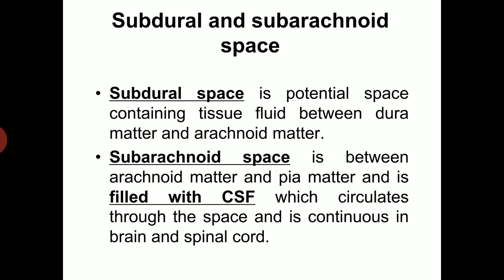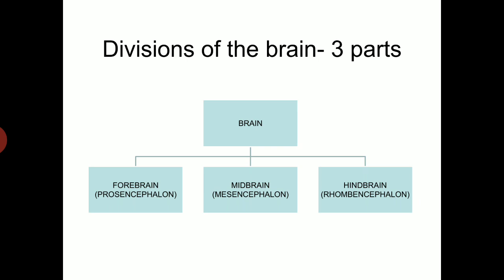Subarachnoid space is between the arachnoid mater and pia mater, and is filled with CSF, cerebrospinal fluid. So this is the space between the second and third layer, through which CSF circulates and is continuous in the brain and spinal cord.